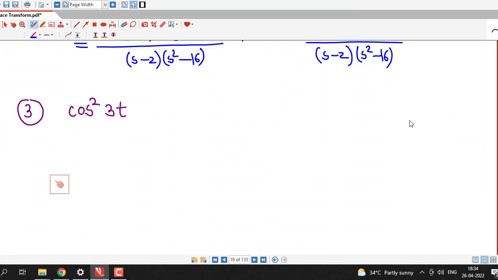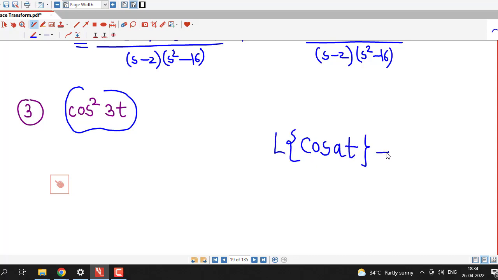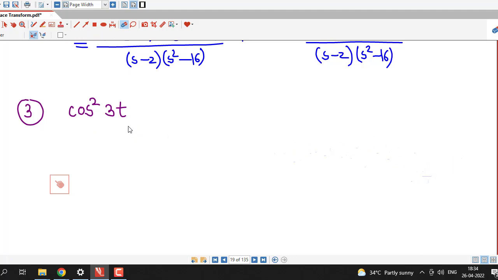Third function is cos square 3t. So we have the formula for Laplace transform of cos at. We know that Laplace transform of cos at is s divided by s square plus a square, but we don't have the formula for Laplace transform of square of cosine function.